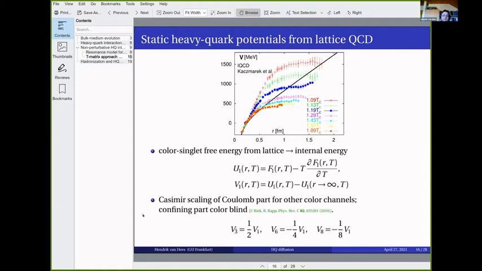Then, of course, this Coulomb part for the other color channels. We used an anti-triplet, sextet, and octet channel too. We just scaled this with the corresponding Casimir factors.